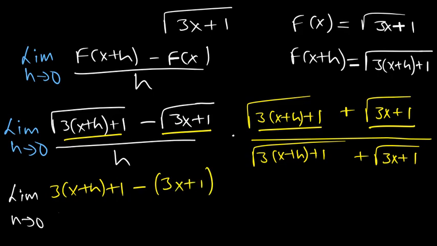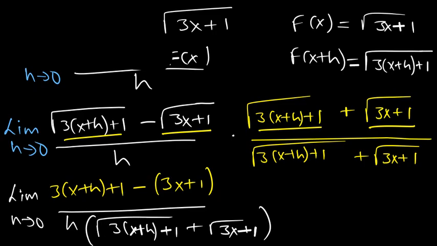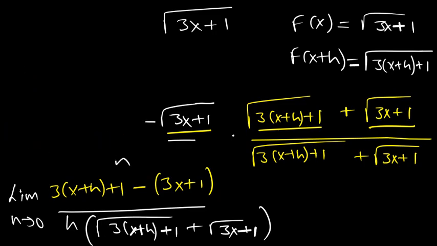All this is divided by the product of h with the root of 3x plus h plus 1 plus the root of 3x plus 1. We actually avoid distributing the h on the denominator because we want it to be factorized as it is, so that we can divide it with what will remain on the top. This is all very intentional and very strategic.